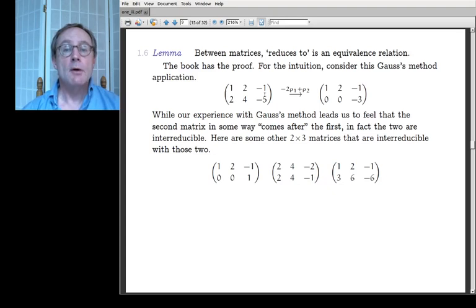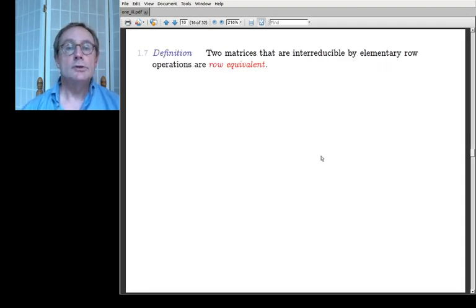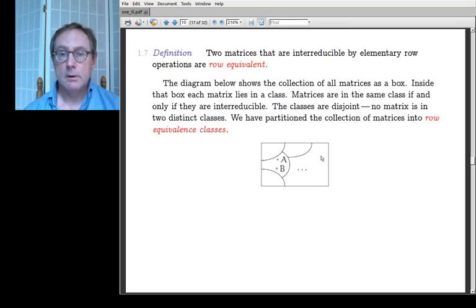They're all somehow the same. They contain the same information as each other. So they are equivalent in the sense that they all contain the same linear information. The technical jargon is equivalence relation. We'll describe them all as row equivalent.